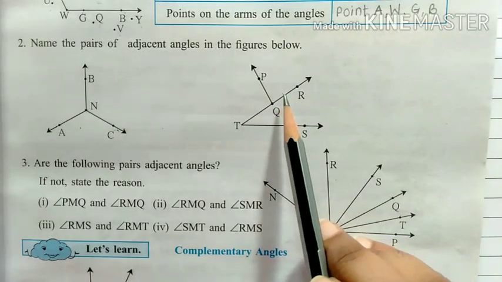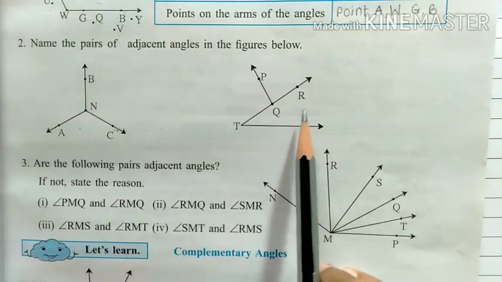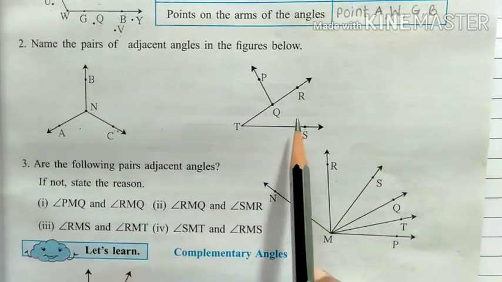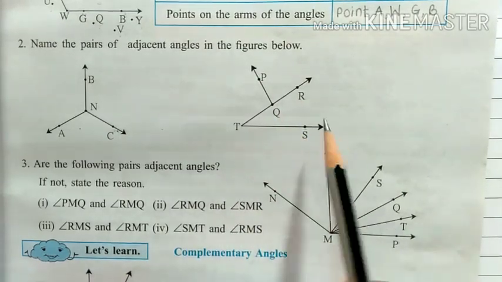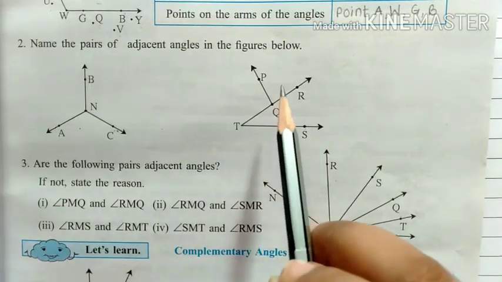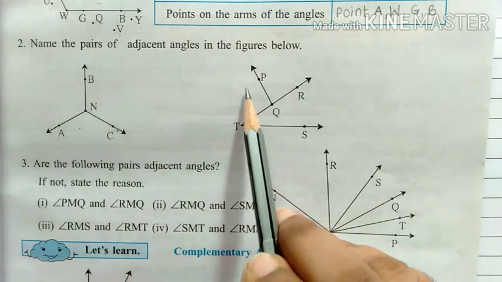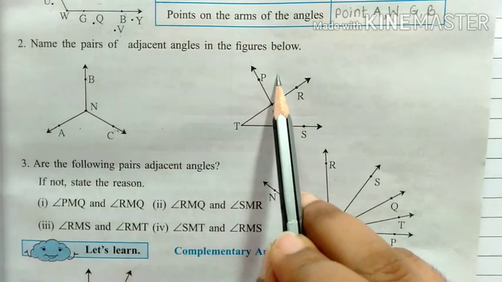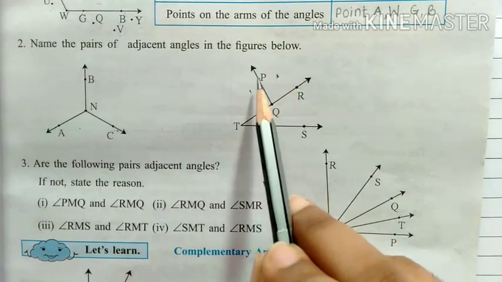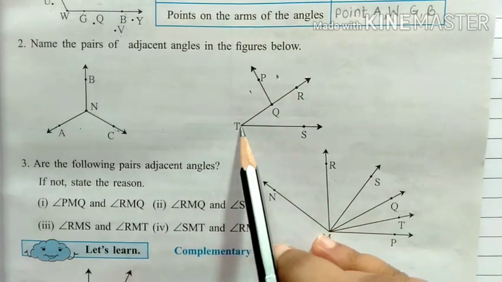For the 2nd figure, if you observe the figure carefully, angle RTS, here nothing has been shown inside the arms. But if you observe the outside, you can find two angles here: angle PQR and angle PQT.